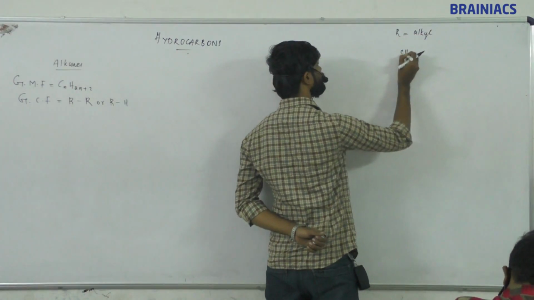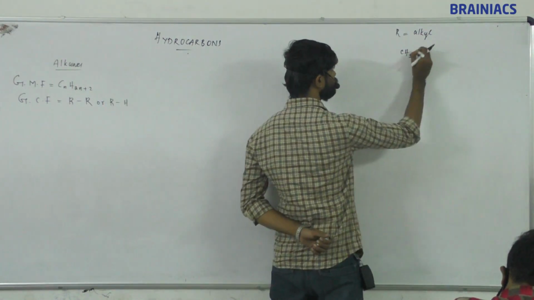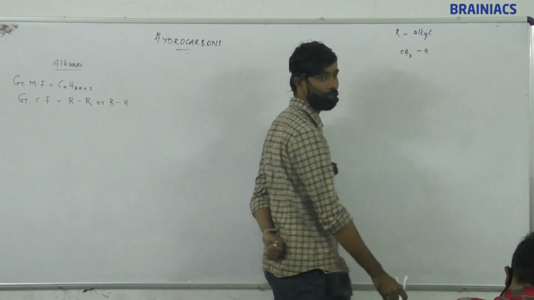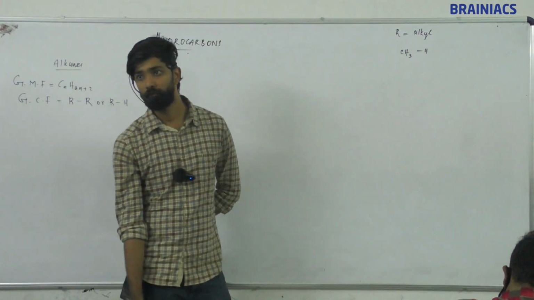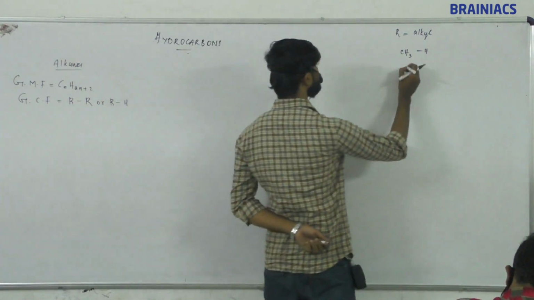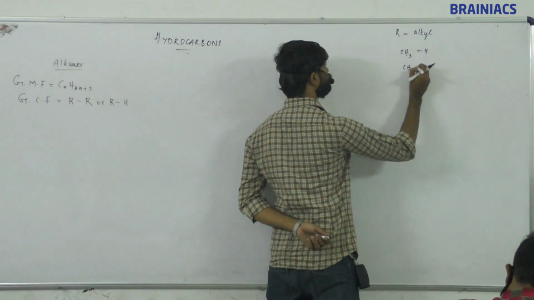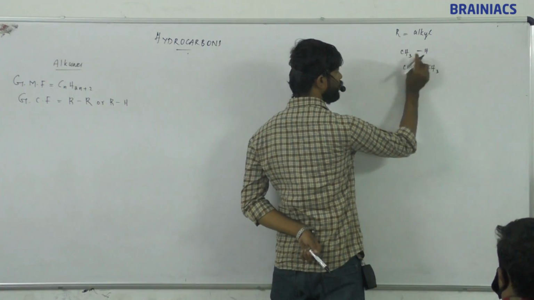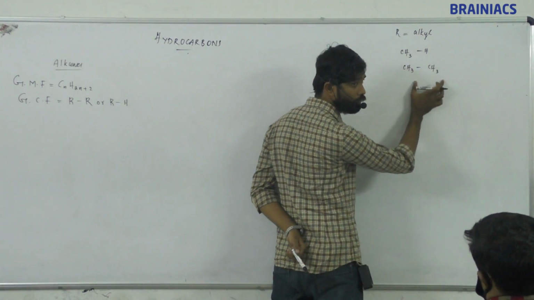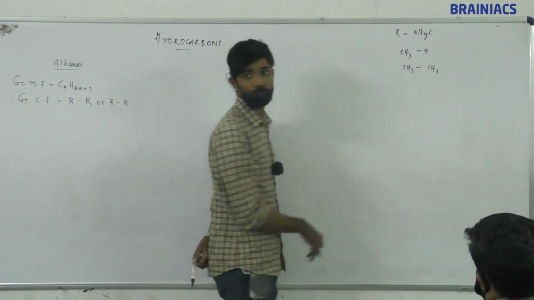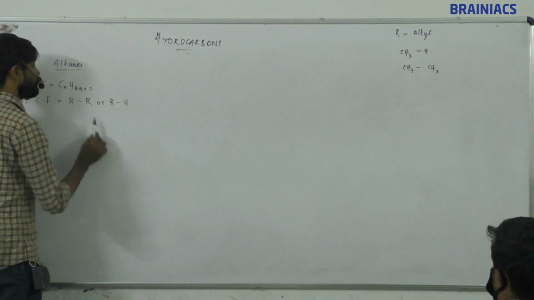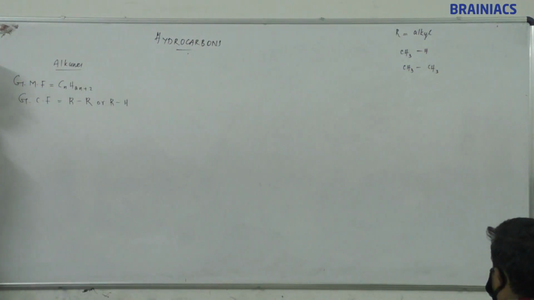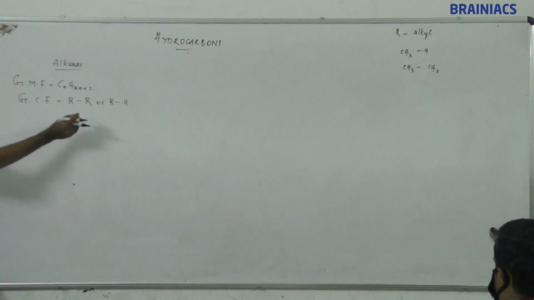If I have an alkyl, methyl, along with hydrogen, it becomes RH and you obtain methane. The very same methyl, when coupled with another methyl, is in the pattern of RR. Both are alkanes. So RR or RH is the general chemical formula of an alkane.